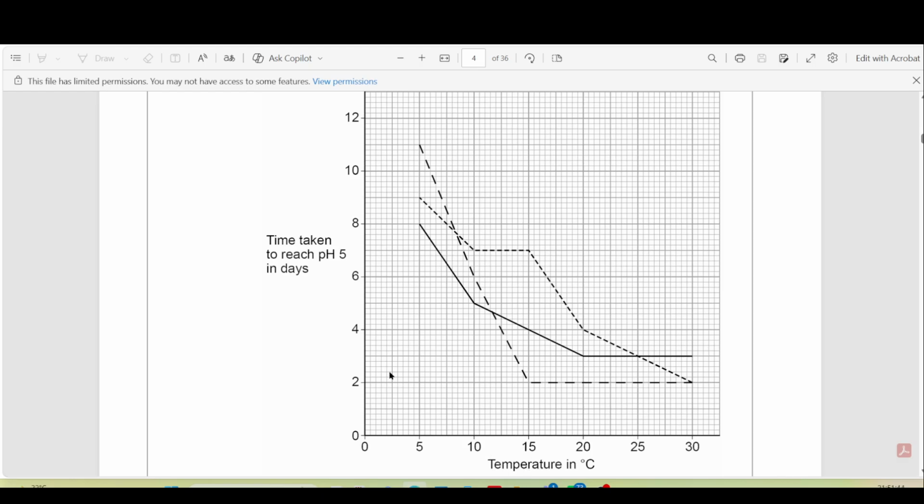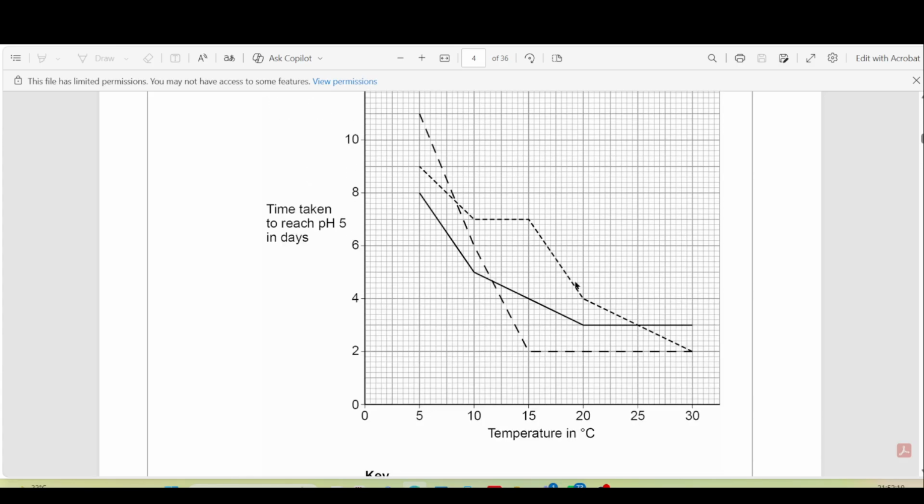So as the temperature increases up to 15 degrees, the time taken decreases, and as the temperature increases above 15, the time taken to reach pH 5 stays the same, right? You can see this constant graph. So after 15 degrees it stays constant.